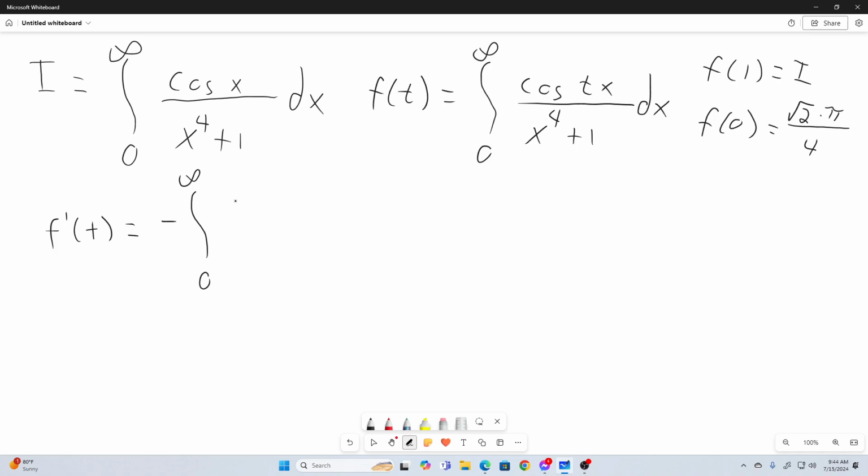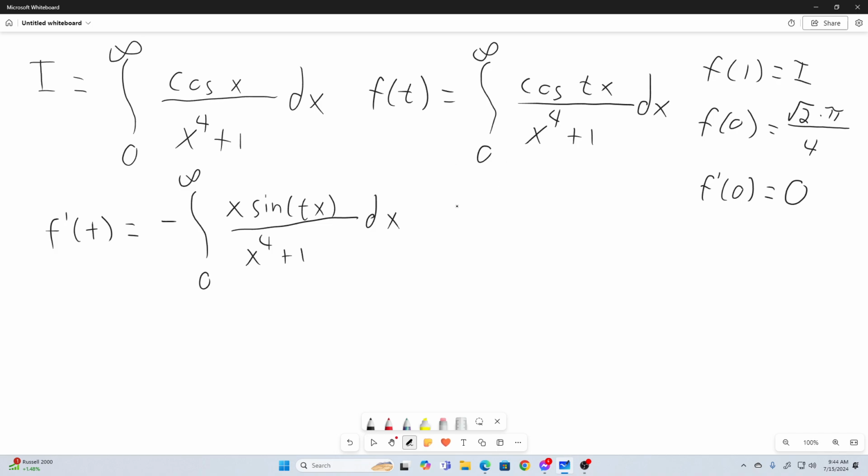So this will be negative x sine tx over x to the fourth plus 1 dx. And we will note over here on the side that f prime evaluated at 0 is equal to 0, since sine of 0 evaluates to 0.